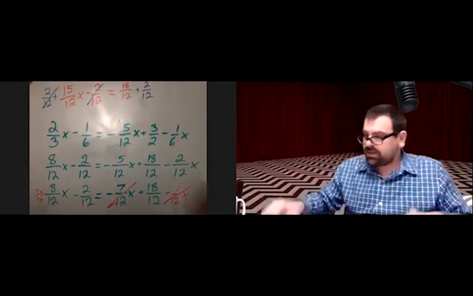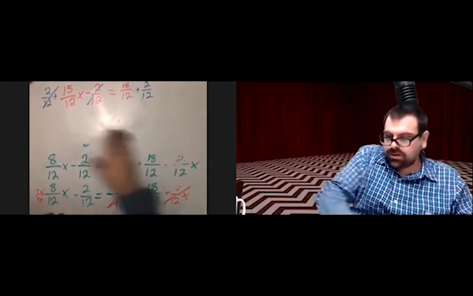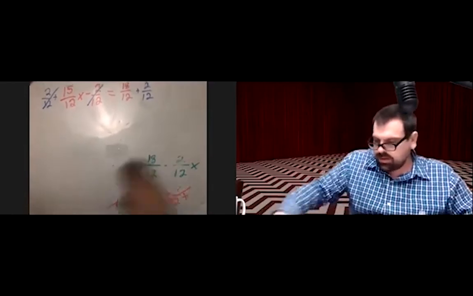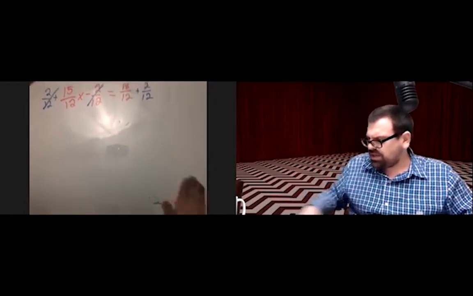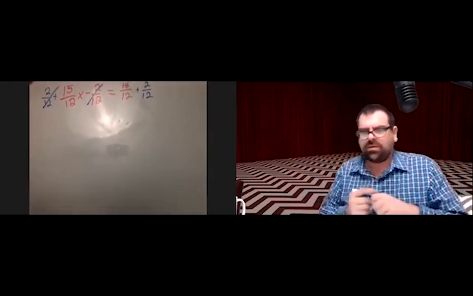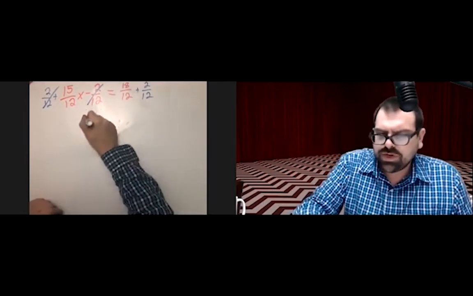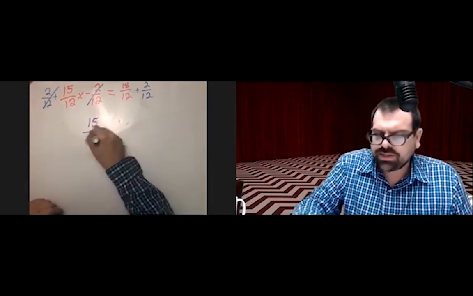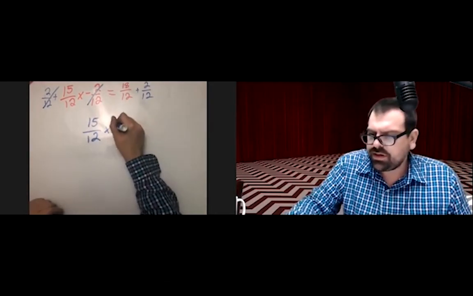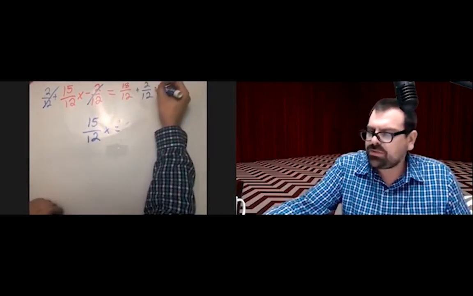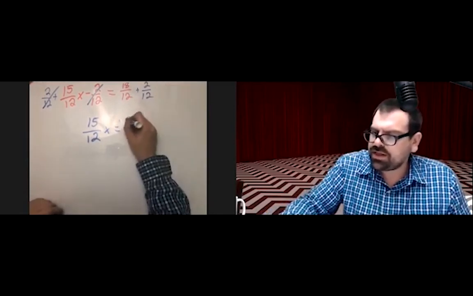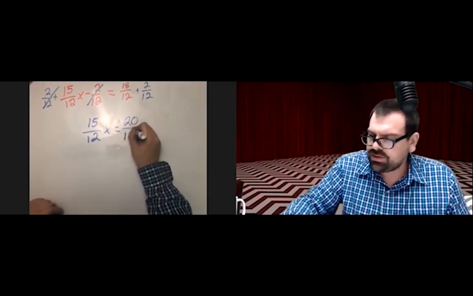I'm going to erase. Wow, so fractiony, this problem. It's going to leave me with just 15/12 x on the left. On the right, 18/12 plus 2/12 is 20/12.